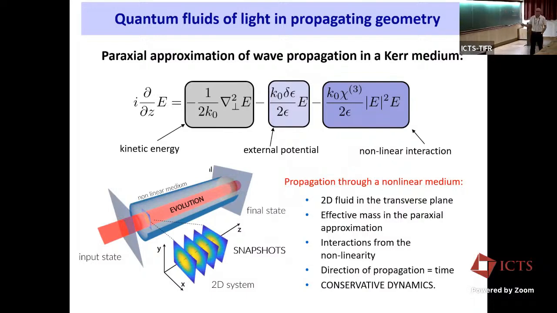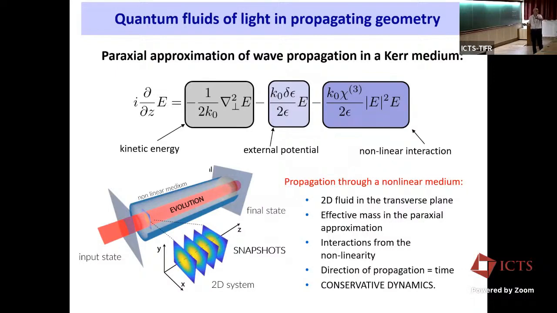The equation that describes the propagation of this beam in the nonlinear medium is the nonlinear Schrödinger equation, which is formally analogous to the Gross-Pitaevskii equation. We have a kinetic energy, an external potential, and the nonlinear interaction.